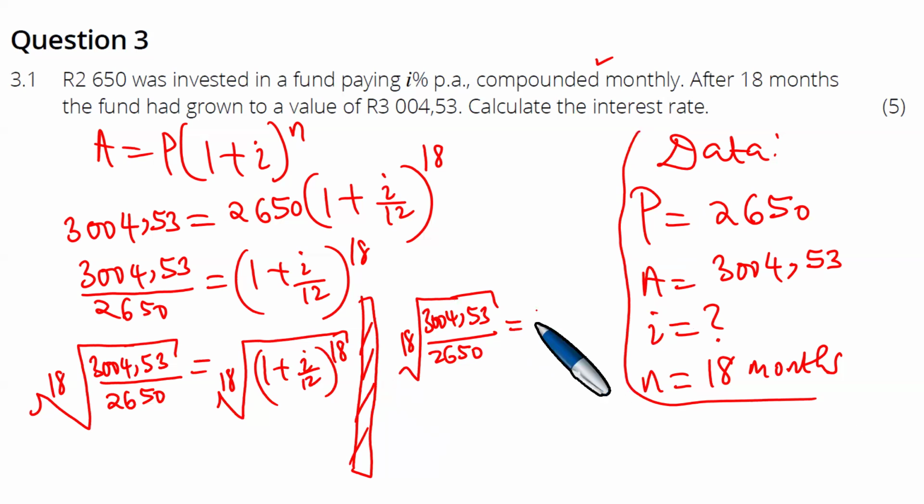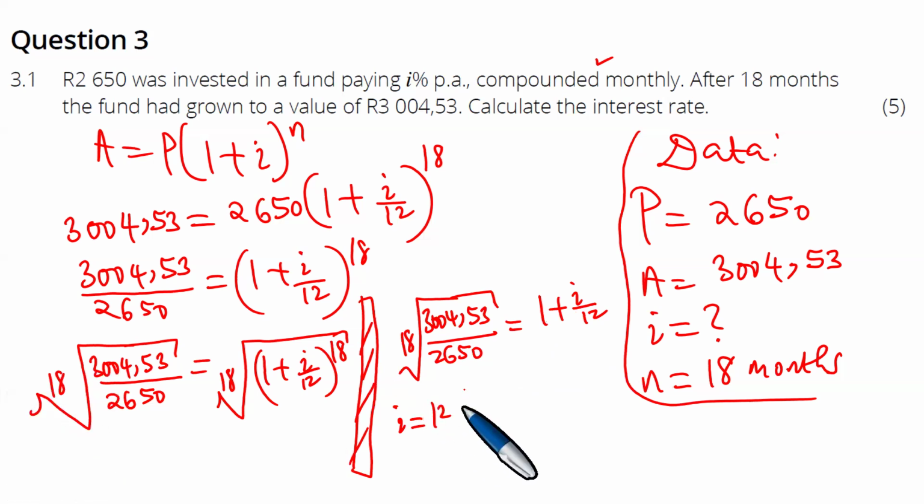This would be exactly the same as 1 plus i out of 12. And you want to solve for i, so you move this one across, and then you multiply through by the 12.